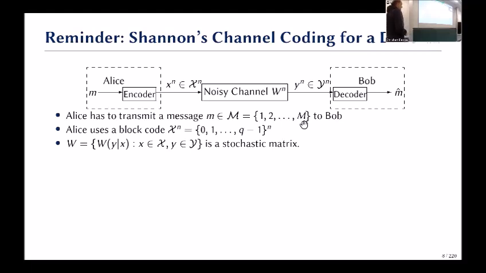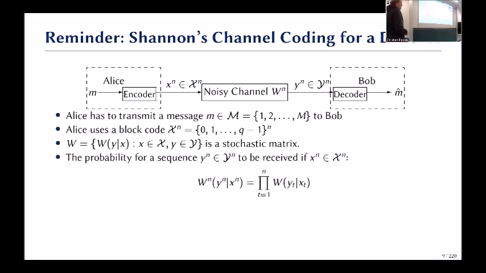We have a channel, and the channel is nothing more than a stochastic matrix, which can change the symbol because of this conditional probability. We assume that the channel is memoryless, so if we send a word x^n, the probability to receive y^n is just the product of all the single probabilities of each symbol.